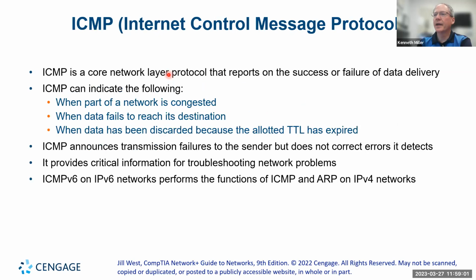All right. And then the ICMP protocol is used for testing. Our ping request uses ICMP, and we'll see that in Wireshark as well. You'll ping an address and filter Wireshark for ICMP, and you'll see the echo request and then the echo reply.